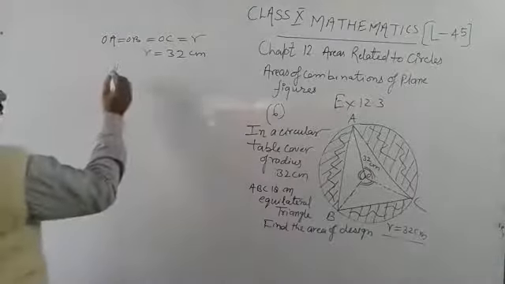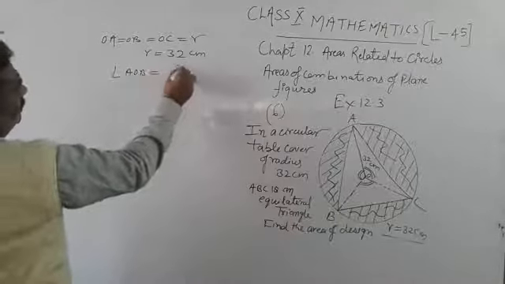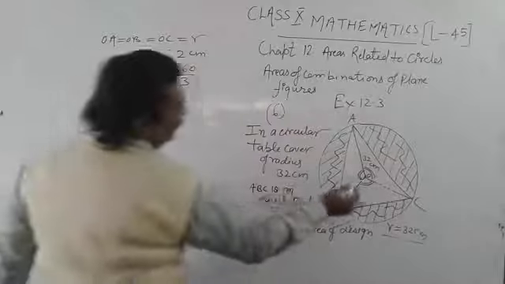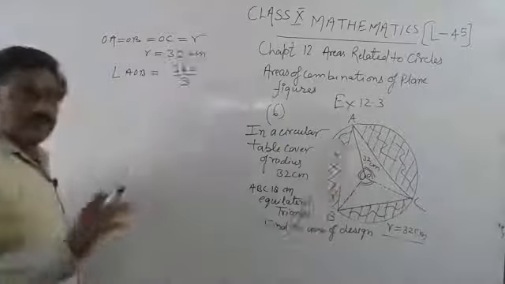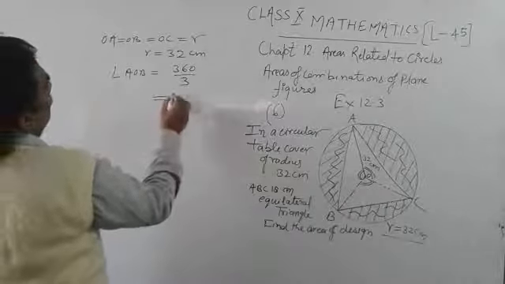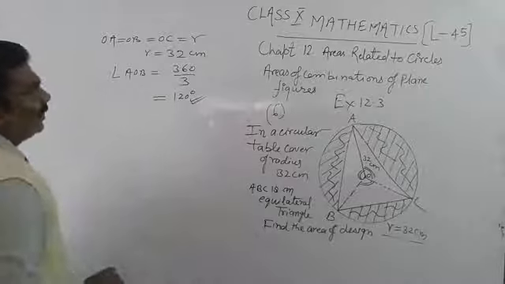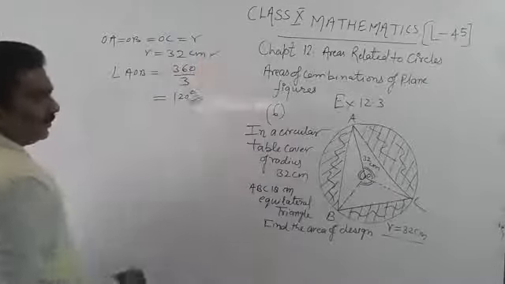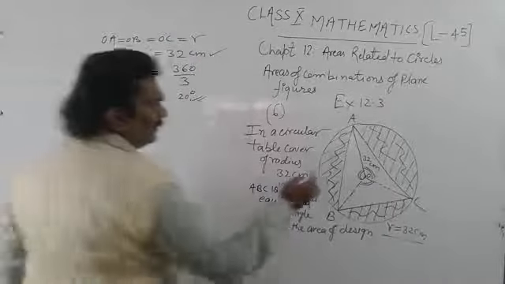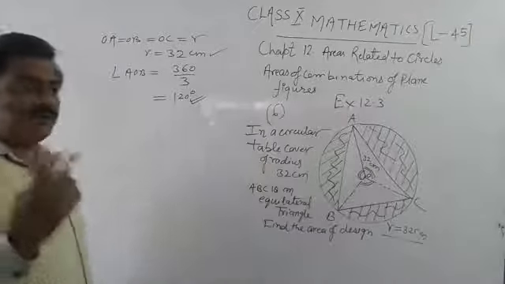So angle AOB is equal to 360 upon 3 because we have three angles at the center. At the center there is a complete angle. So angle AOB becomes 120 degree. So we have angle and we have radius. Now we can find the areas of three segments which is in design.